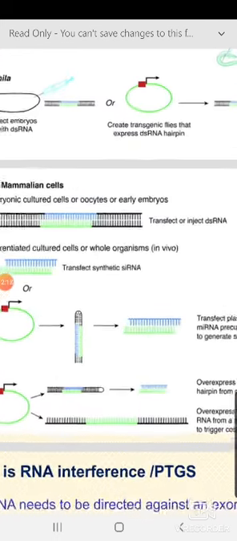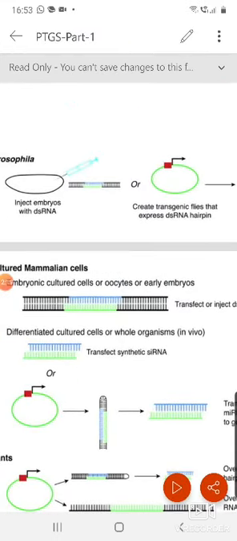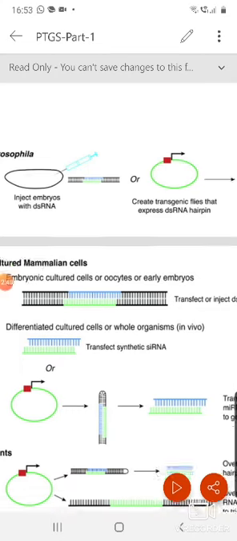What I'm discussing here is the ways you can introduce the double-stranded RNA. Again, I repeat, the double-stranded RNA we are going to design corresponds to the gene I want to silence. So we need to design the double-stranded RNA from the exonic part of that gene.